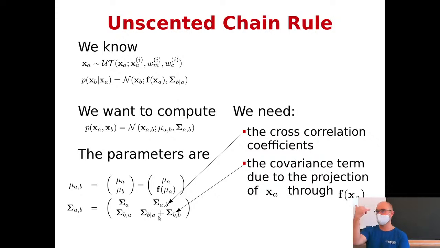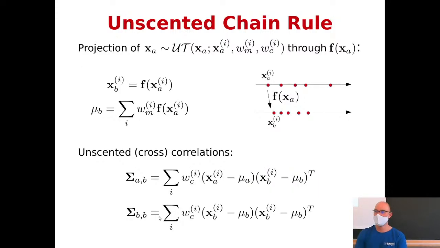Remember that this block is as tall as XA and as wide as XB. So then this will be the outer product of the difference between the mean of XA and the sigma point XA, and the mean of XB and the sigma point XB.